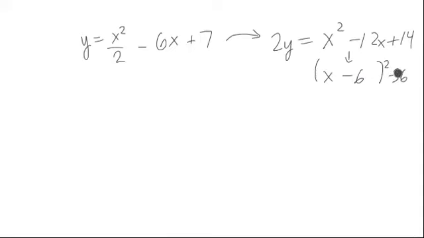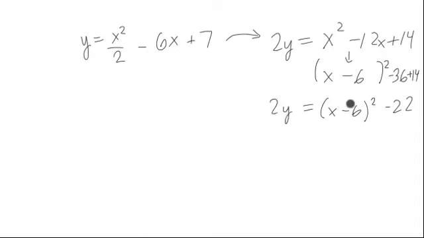So we subtract 36, and then we add 14. And the effect is to give you negative 22. Negative 22, x minus 6 quantity squared is equal to 2y.